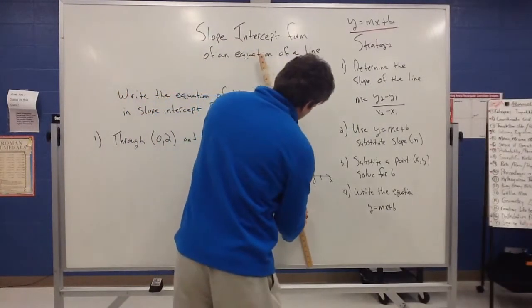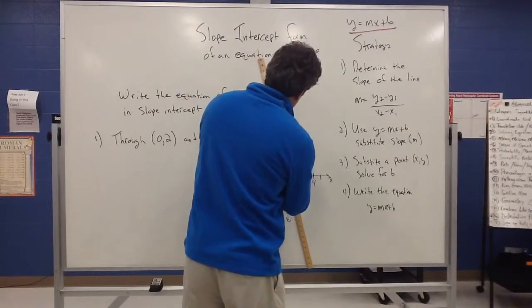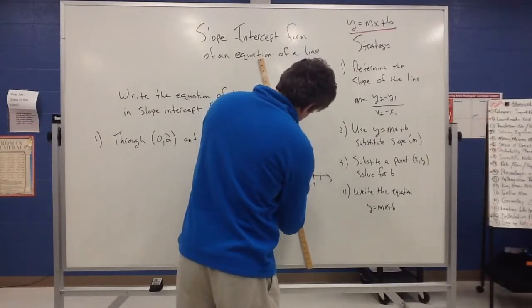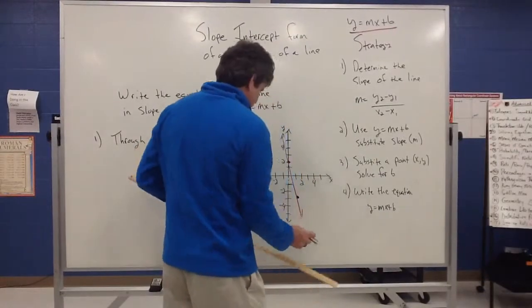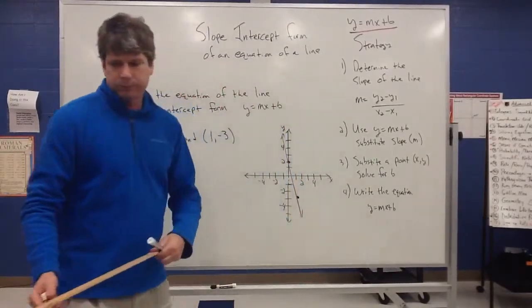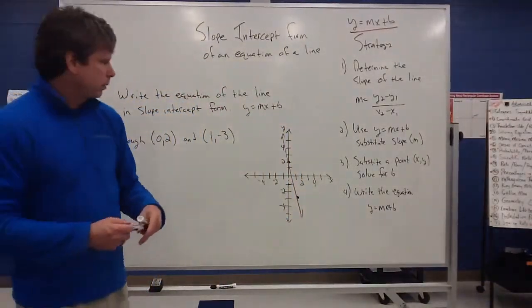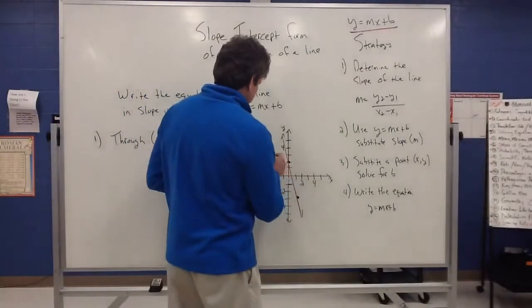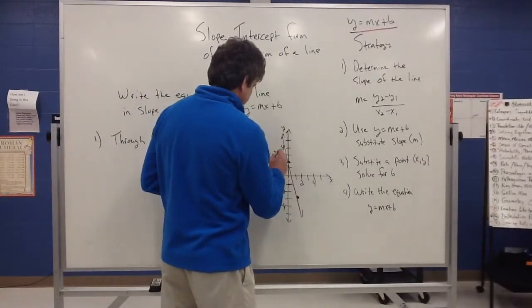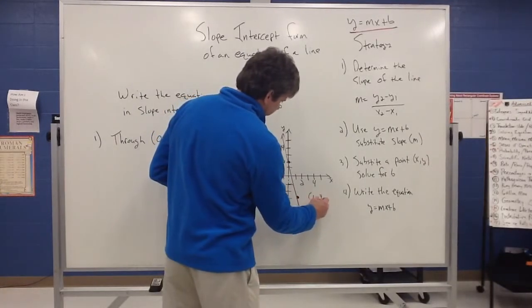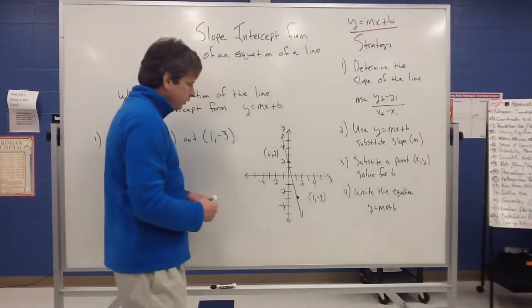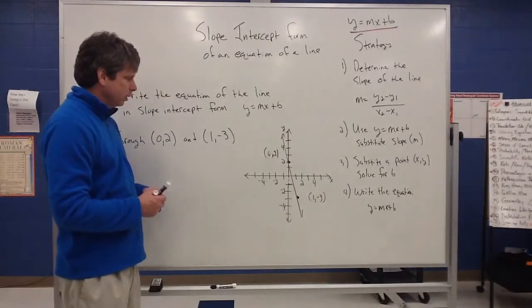So again, we have this point (0, 2), and we have this point (1, -3). And what we're trying to do is write an equation for that line.